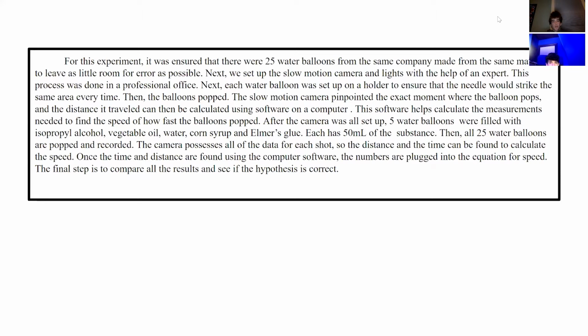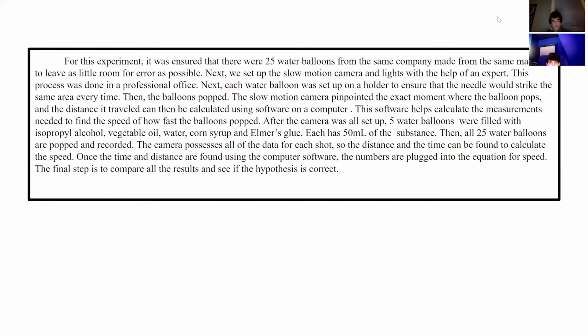The slow motion camera pinpointed the exact moment where the balloon pops, and the distance it traveled can be calculated using the software on a computer. This software helps calculate the measurements needed to find the speed of how fast the balloons popped. After the camera was all set up, 5 water balloons were filled up with isopropyl alcohol, vegetable oil, water, corn syrup, and Elmer's glue.